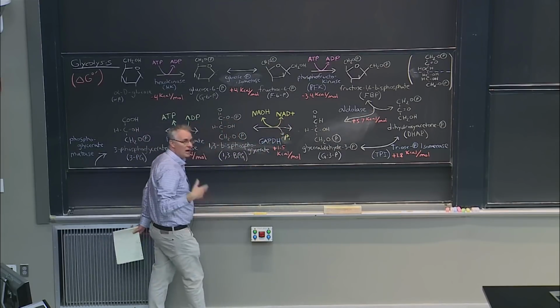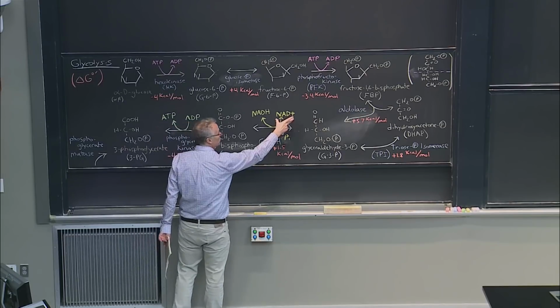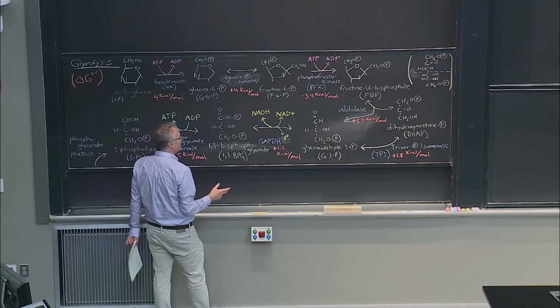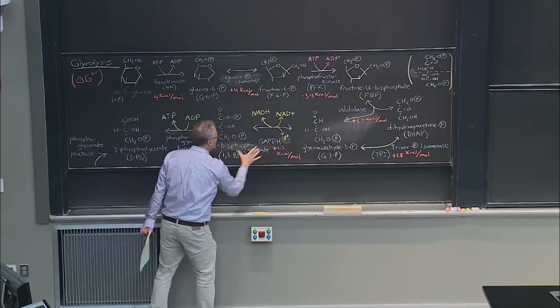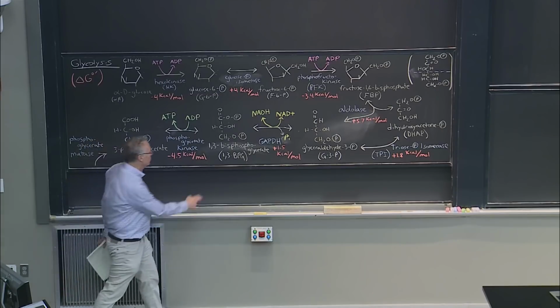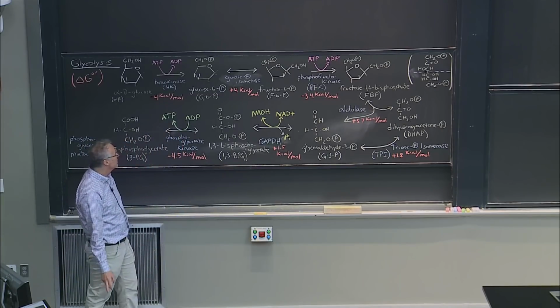That oxidation reaction, the electrons have to go somewhere. That's where the cofactor NAD comes in, picks up 2 electrons, generates NADH. And in the process, this enzyme generates this molecule 1,3-bisphosphoglycerate, or 1,3-BPG.